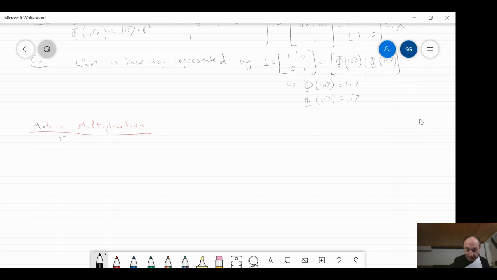So the product AB of D by D matrices A and B.